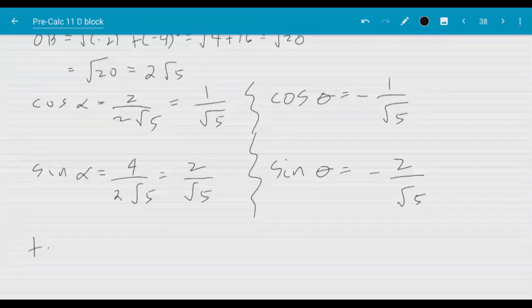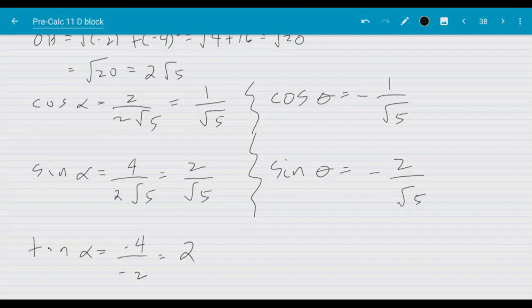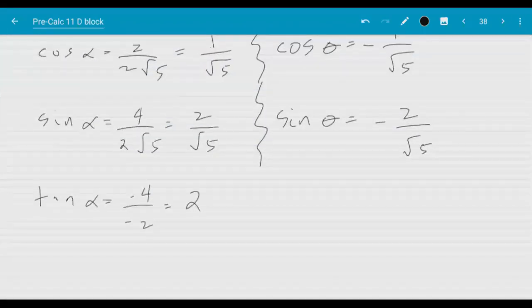Tangent of alpha. Tangent of alpha is what? So it is y over x, right? The y value is -4, the x value is -2, which is +2. Now, what I want you to do is this.